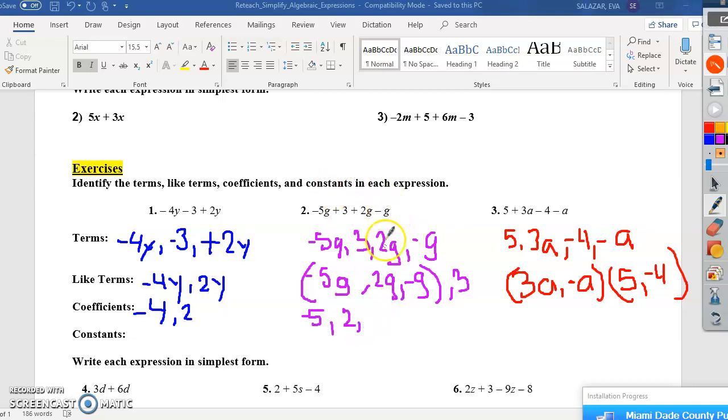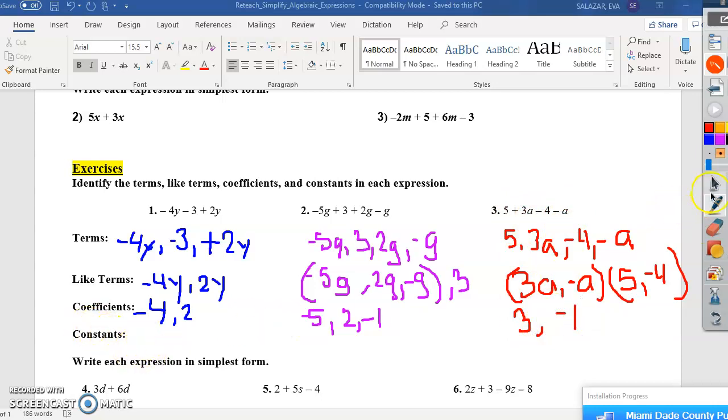And negative 1, which is in front of that g, since it's negative. Its coefficient is negative 1. Number 3, coefficient is 3 in front of that variable a. And over here we have negative 1.